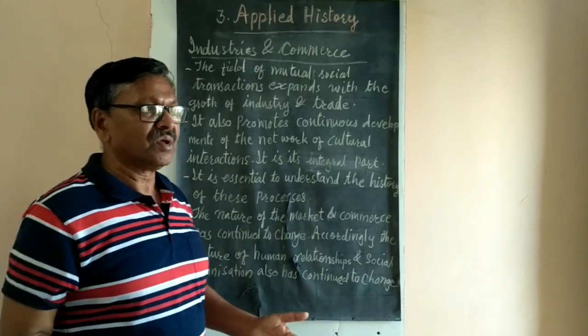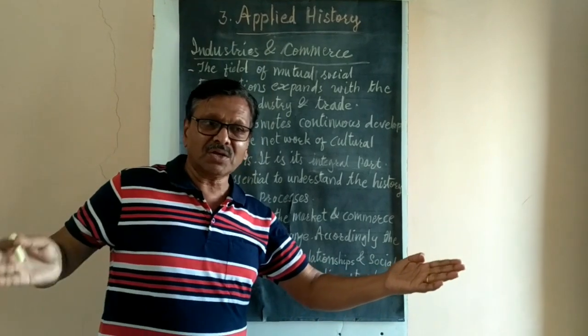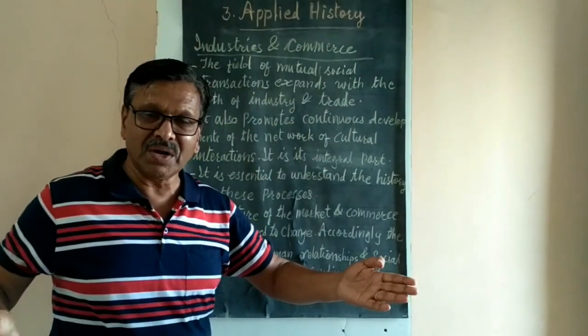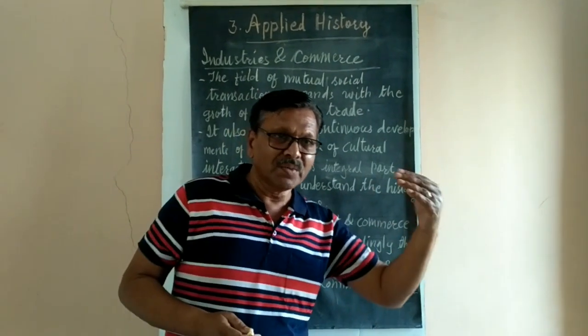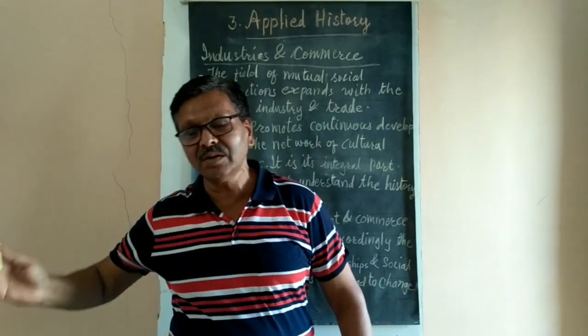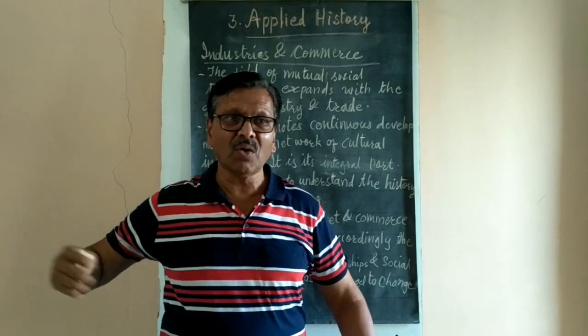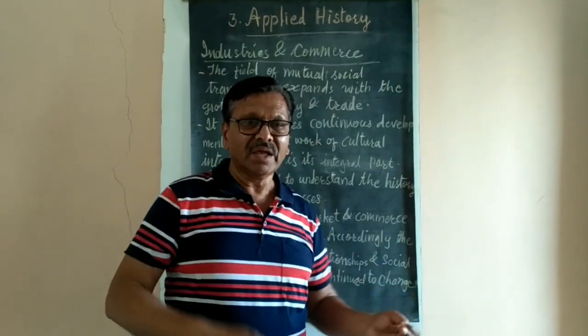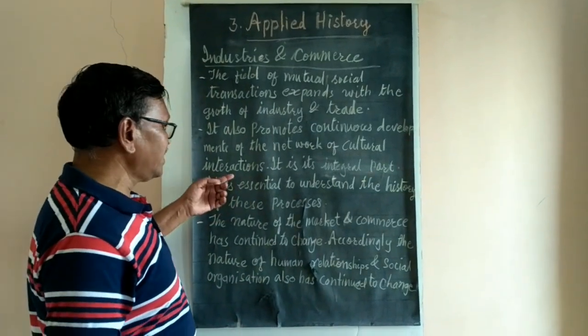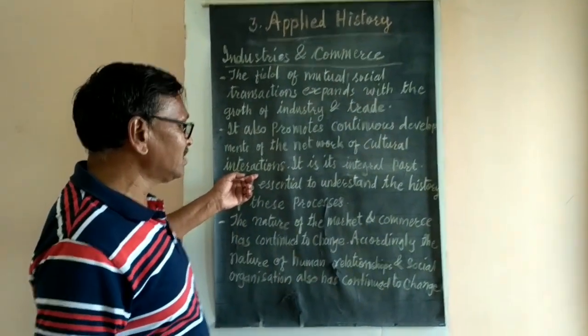Cultural interaction: Gujarati people are talking with Maharashtrian people, Gujarati drapery and Maharashtrian drapery, or Tamilian people dealing with the Keralites. In this way, the cultural interaction also increased.